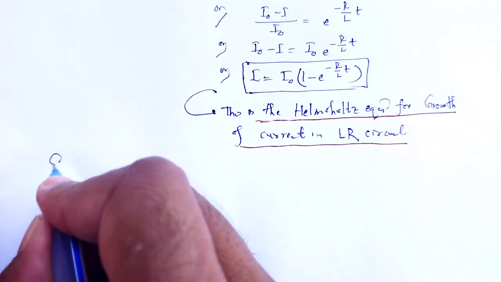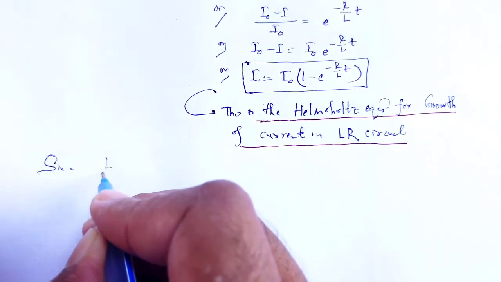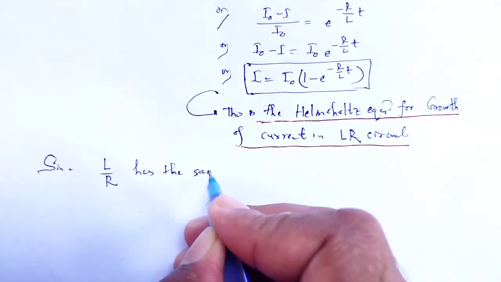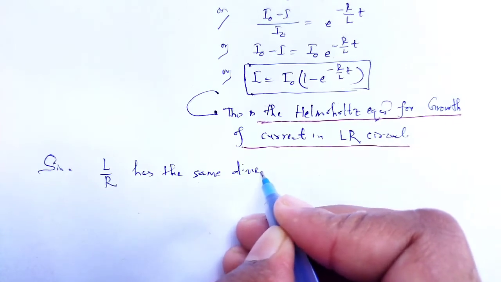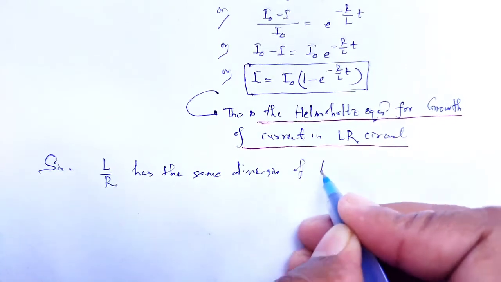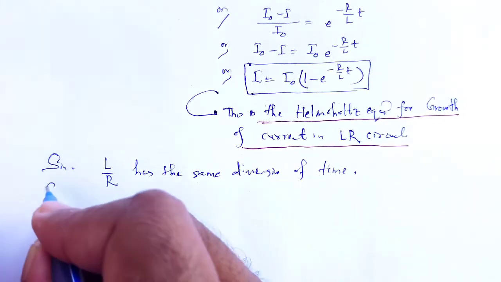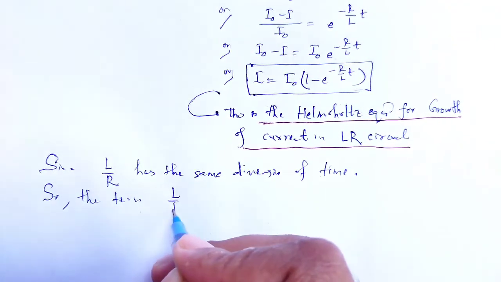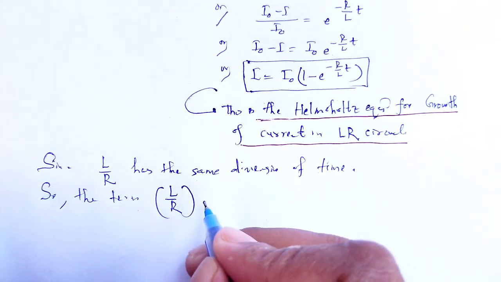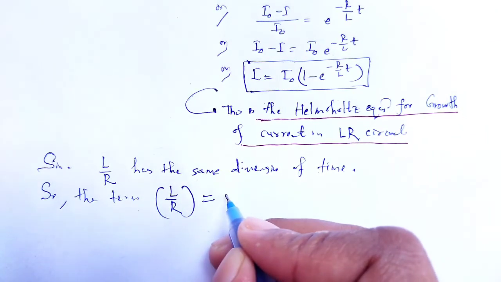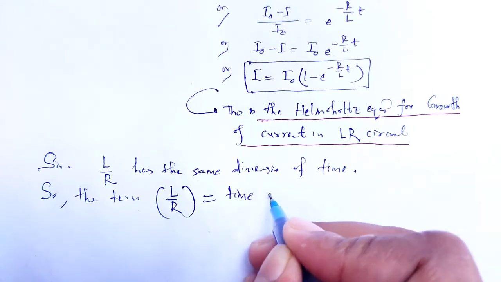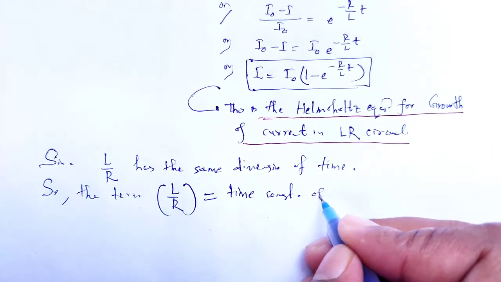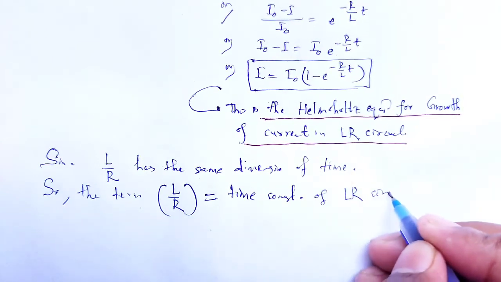Therefore, since L by R has the same dimension of time, the term L by R is called the time constant of LR circuit.